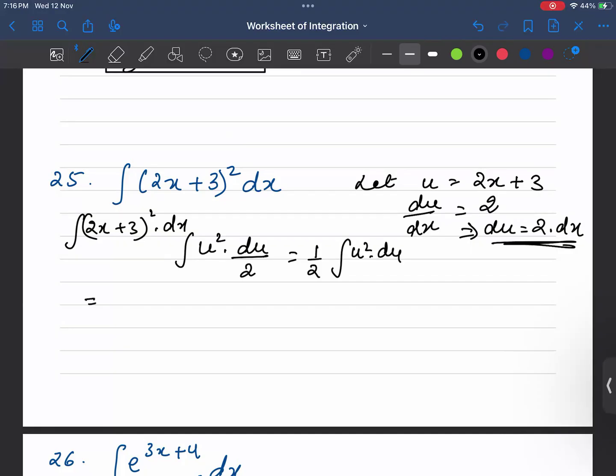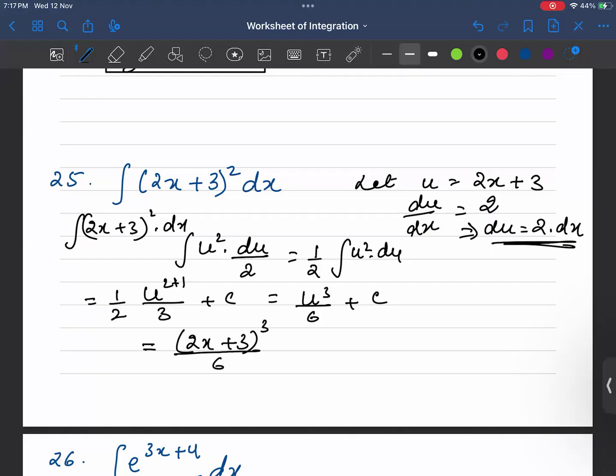It will be half u power 2 plus 1 upon 3, plus c, or we can say u cubed upon 6 plus c. I think it's clear. Now we are substituting it back. In place of u, we can write 2x plus 3 whole cubed upon 6 plus c. This is your answer.